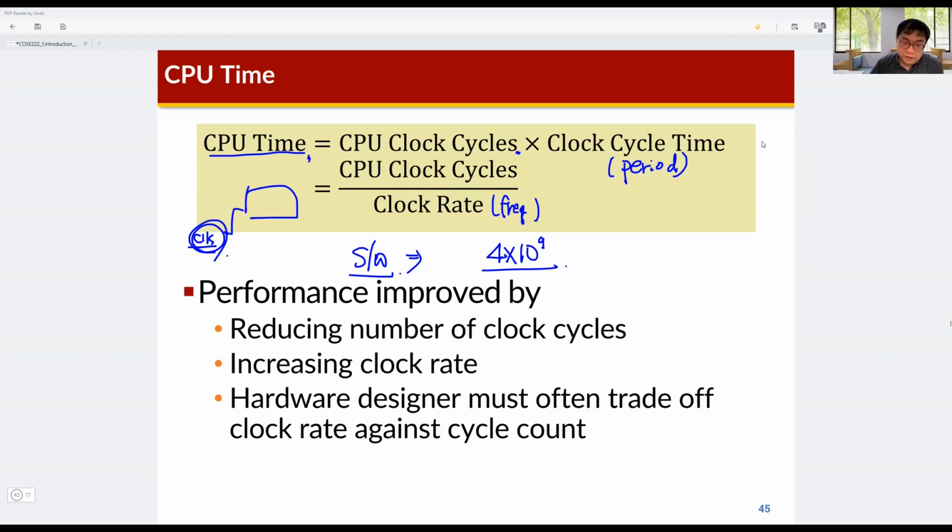And then the clock cycle time is a period, where the frequency of this CPU is 4 gigahertz. Then the CPU time is just 1 second, right? It's 1 second.